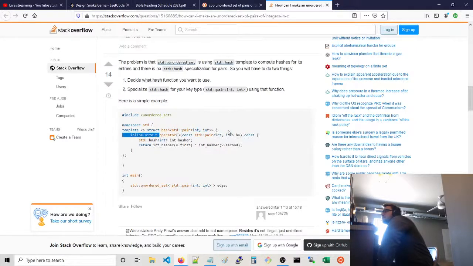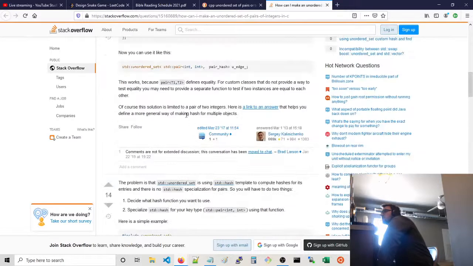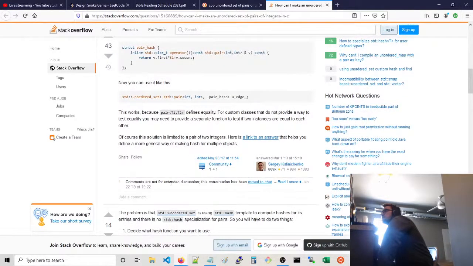Hash pair operator, standard hash int hasher, XOR the hasher with another hasher. Move to chat.